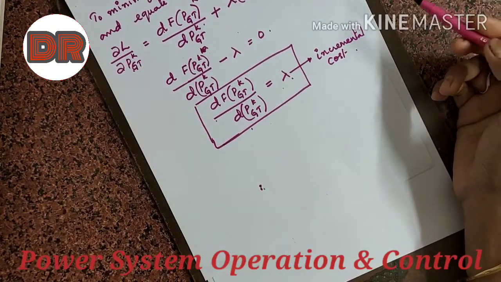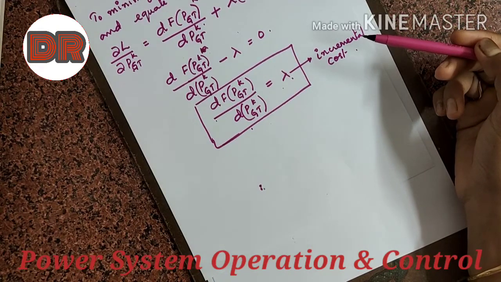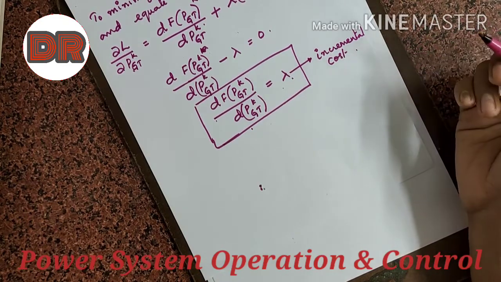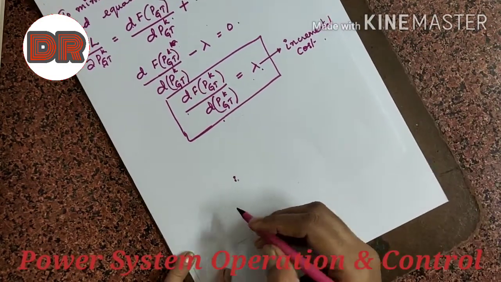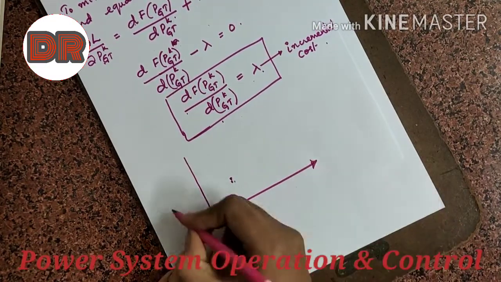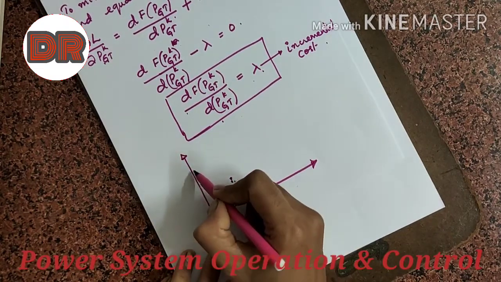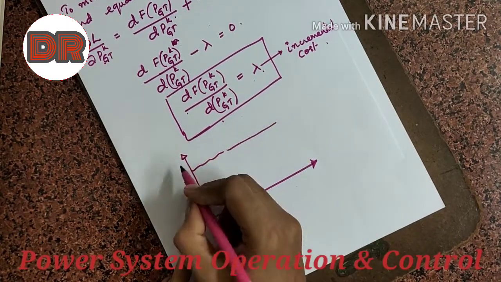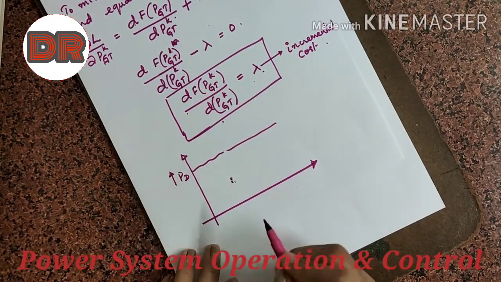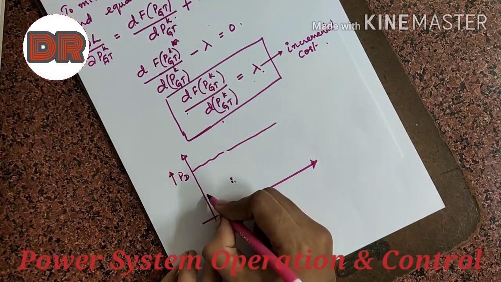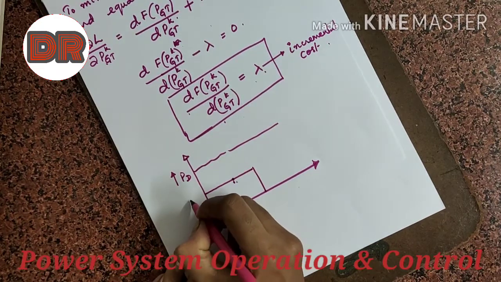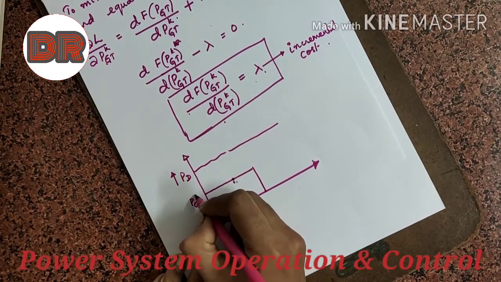Now, what we need is that the thermal power plant must run at a constant incremental cost for the entire period during which it is on. So, let me write in a graph pattern. Let me take this as the time scale and this as the power scale. Here we have the demand, this is PD, the maximum demand or the load, P load, and with the constant incremental cost we have Pgt here.